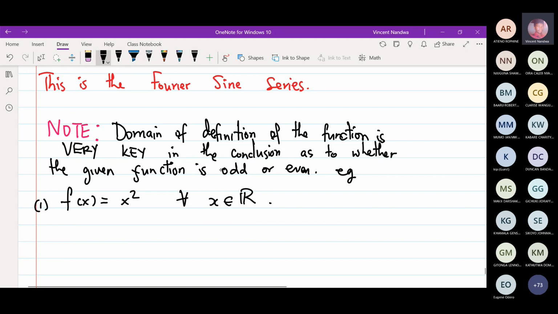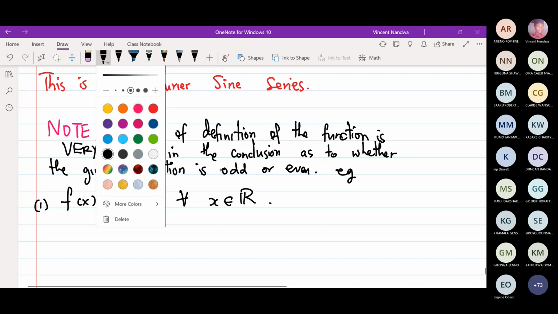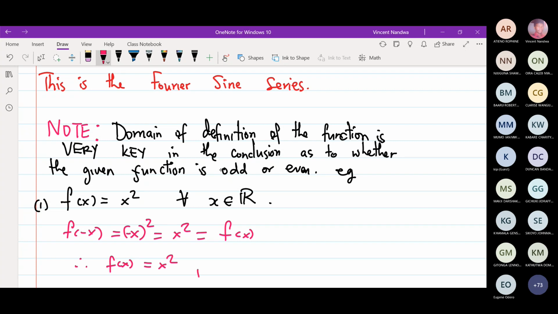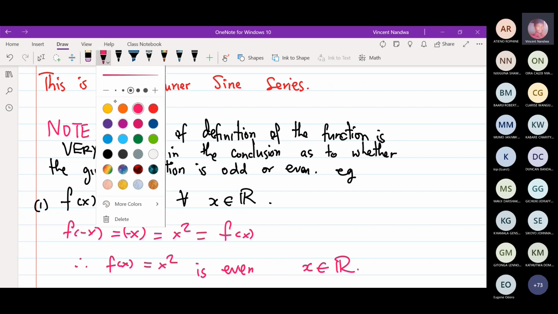Here, f of minus x is going to give us minus x squared, which is just x squared, the same as f of x. So you comfortably conclude that the function f of x equals x squared is an even function for all values of x in R.